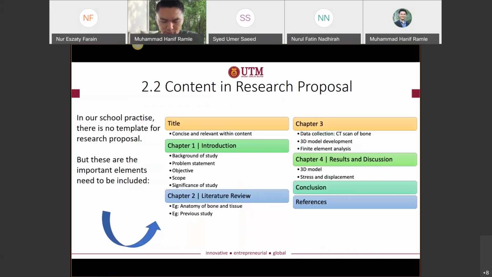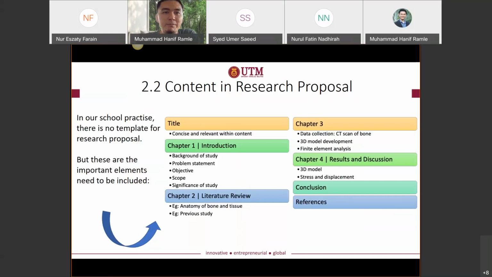This is the content in the research proposal. In our school practice, biomedical engineering and health sciences, there is no template for research proposal. I believe that some schools, some faculties have their own template, but in our school at the moment there is no specific template.